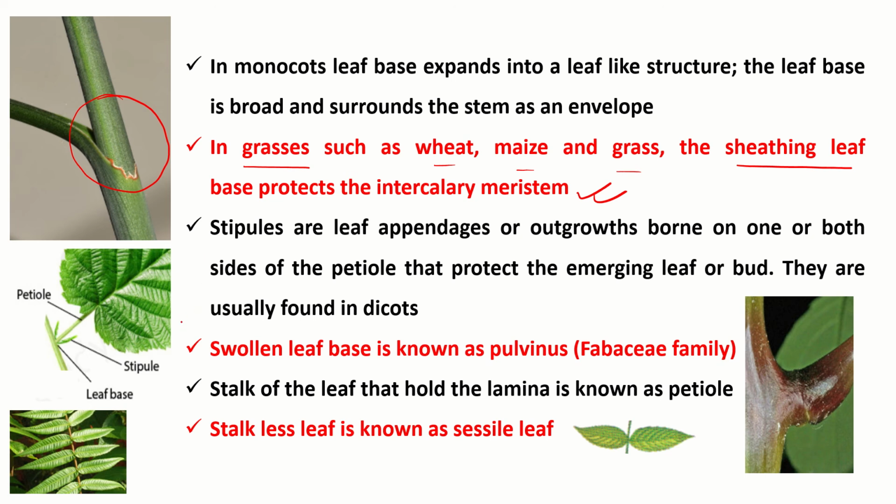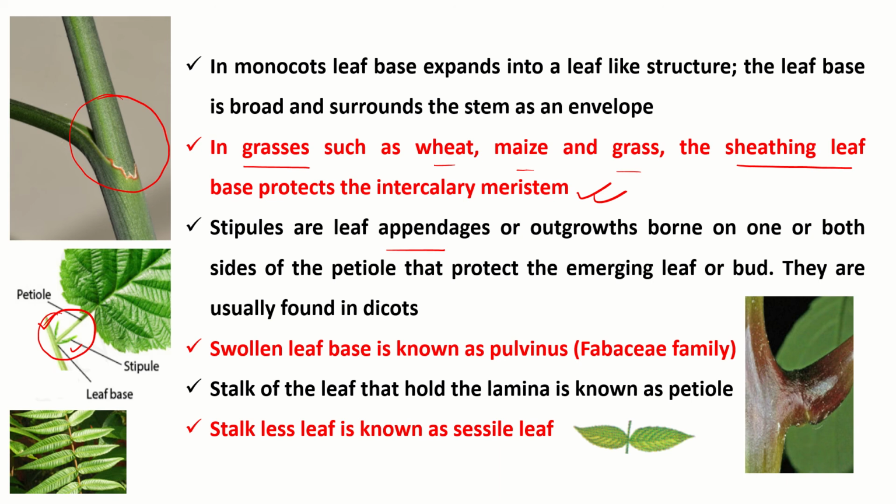Next, coming to stipules. Stipules are leaf appendages or outgrowths borne on one or both sides of the petiole. See, it can be on one side of the petiole, it can be on both the sides of the petiole that protect the emerging leaf or bud.